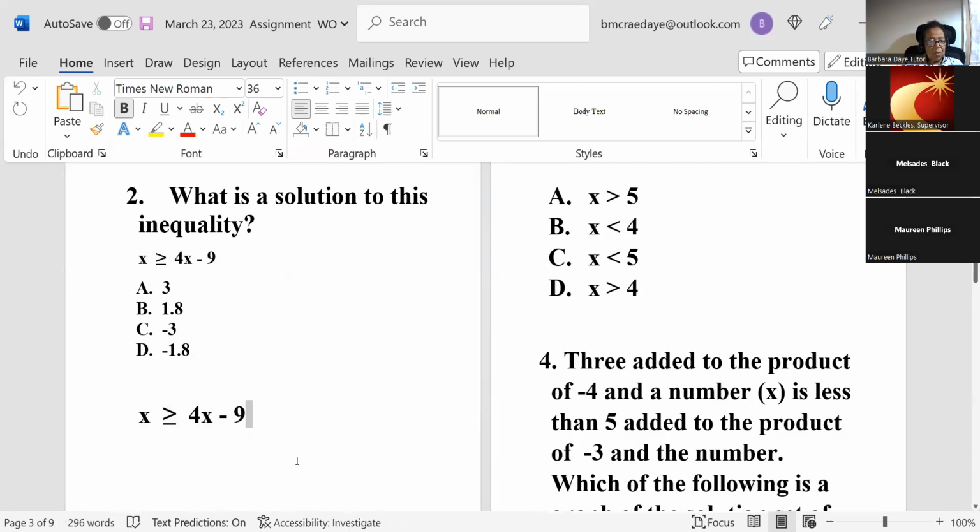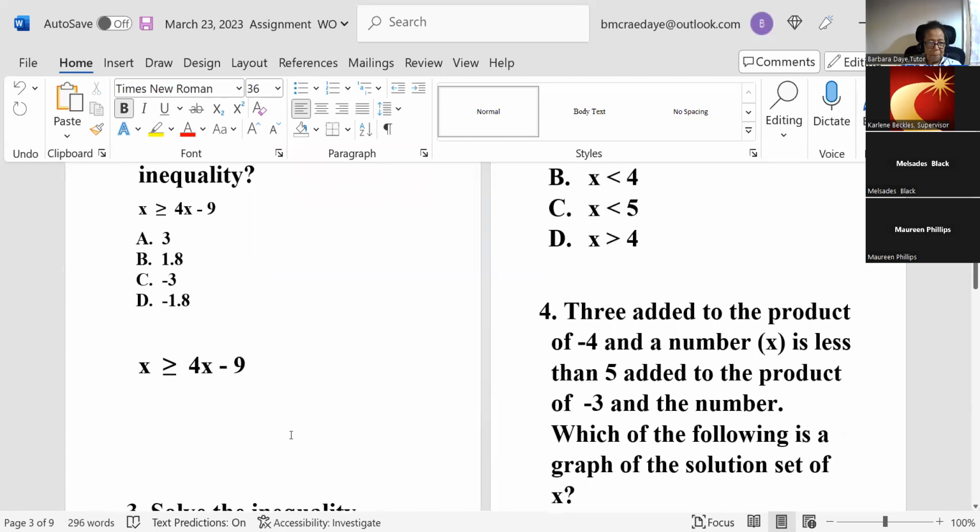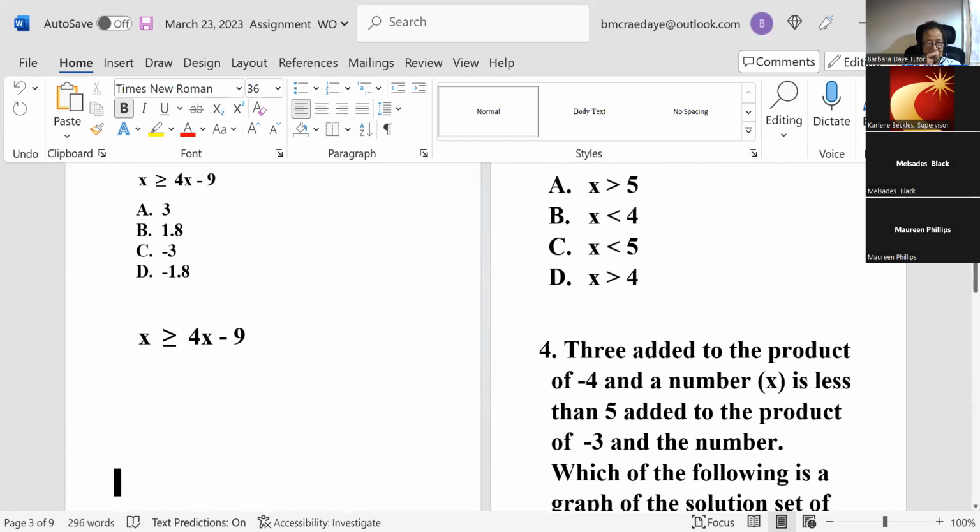So x is greater than or equal to 4x minus 9. Now remember what I said, Mercedes, you want those variables on the left side, the constants on the right. So what do you do first? With this one, because the x is on the left side, I'm a bit confused, but I'll try. No, the x is on both sides. You have an x, that's a 1x, and you have a 4x.